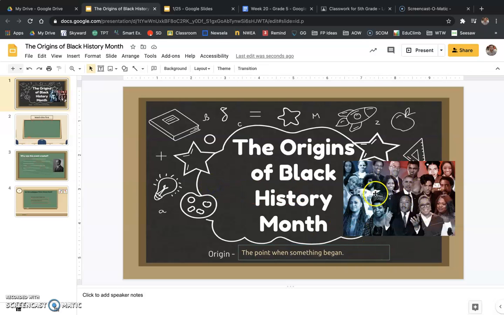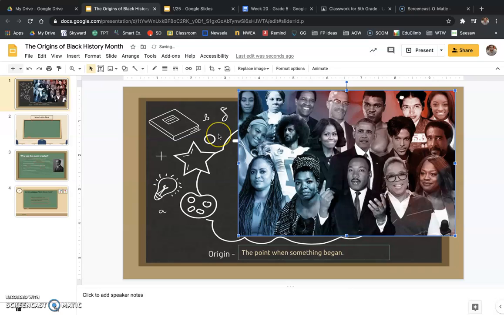I did add a picture here to give you an idea of some very influential Black Americans. Some of these you may recognize. This does not always have to be people from the past. We see some here like Harriet Tubman. Maybe you've heard of her. Maybe you've heard of Malcolm X or Martin Luther King Jr. or Rosa Parks. But there are some that are still alive today: Colin Kaepernick, Serena Williams, Solange Knowles, Denzel Washington.